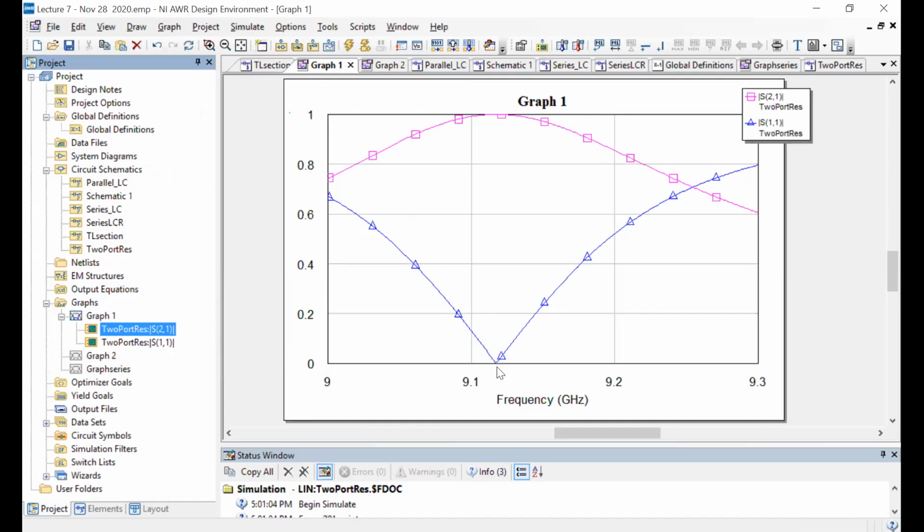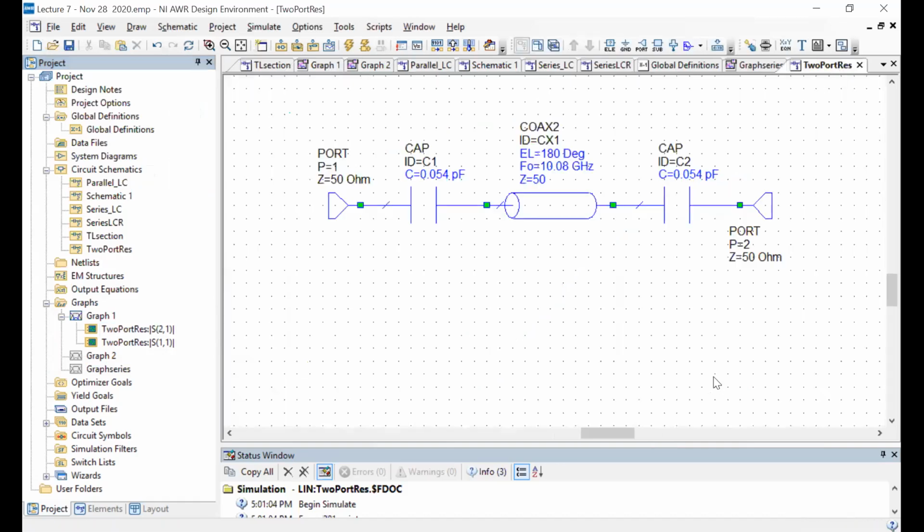If you want to just think about what's happening exactly at resonance here, all those multiple reflections are constructively interfering at this end. So you have constructive interference here, and you have destructive interference here, so that nothing comes back.